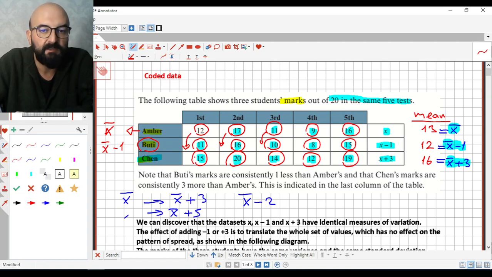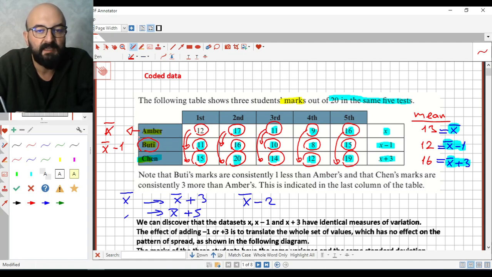For example, 15 is 12 plus 3, and 20 is 17 plus 3, 14 is 11 plus 3, 12 is 9 plus 3, and 19 is 16 plus 3.